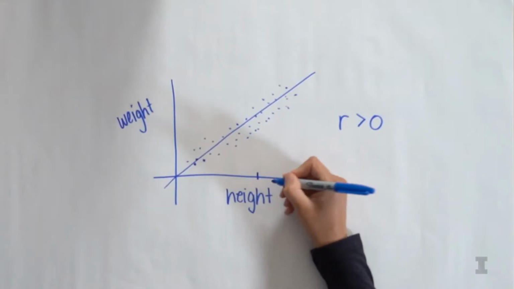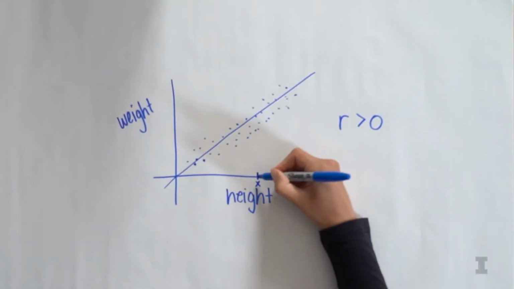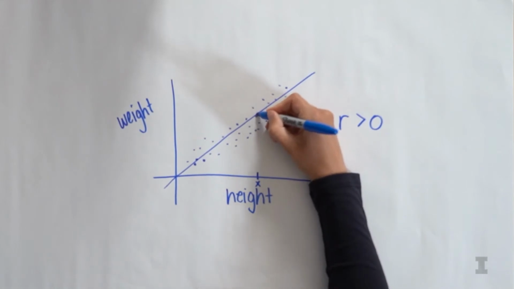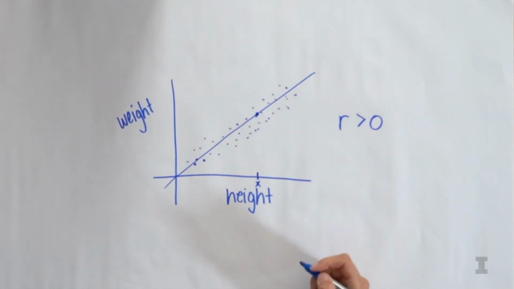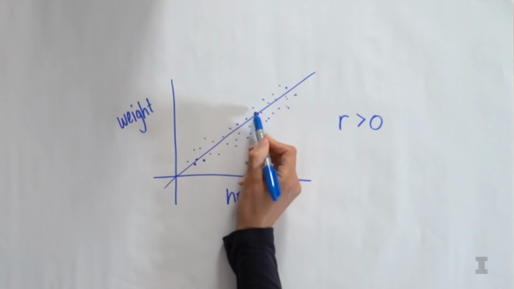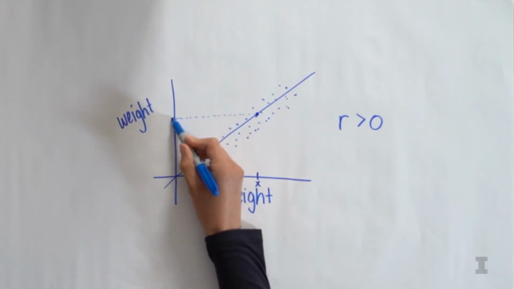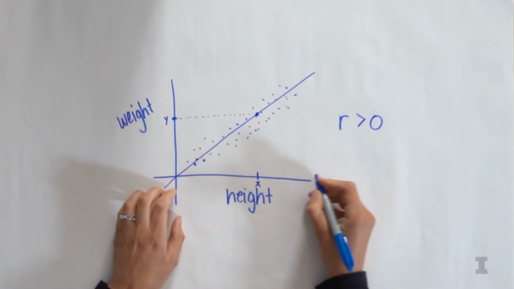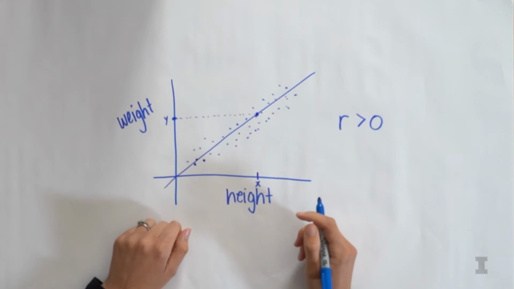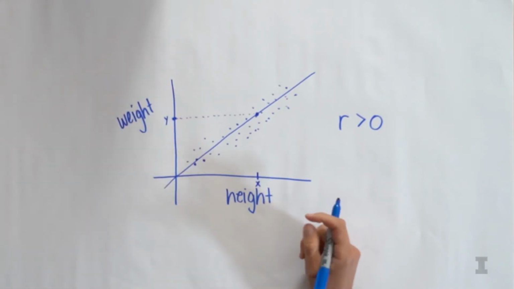And then what we can do is use this line as a means to make predictions. So I can say that if someone has a given height X, I can go up to this line and say, okay, well, here's the point on the line where the height is equal to X. And then I can estimate what the value of Y is for their weight. So I can make a prediction for any X value within my data set, what their weight would be.